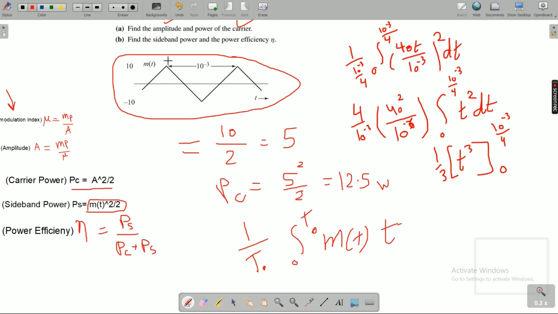So for the period here, which is 10 to the power negative 3, I have this function. My function is as here, this one and this one. We can do a trick in order to avoid getting the equations of each part, which will take much more time.